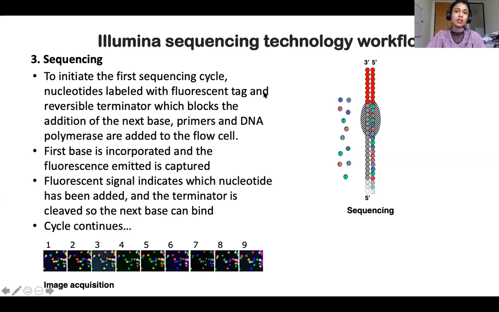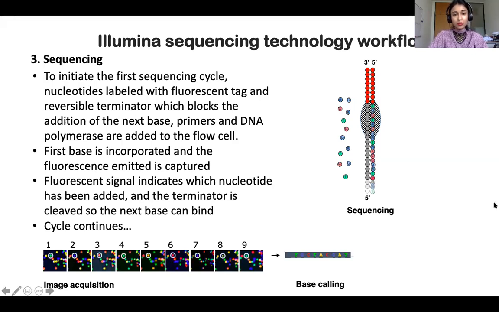Only when the terminator is cleaved, the next base can come and bind. And this cycle continues and you get the image, which is then interpreted by software, and base calling is done. So initially you just have images which are transformed into sequence data.